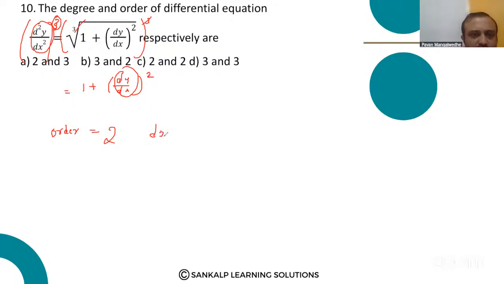That becomes the degree of the given equation. Degree is equal to 3. The power of the highest order derivative will be the degree of the equation. So order is 2 and degree is 3. But here the question asks for degree and order, so degree is 3 and order is 2. Where 3 and 2 is there, option B is the correct answer. Option B is correct.